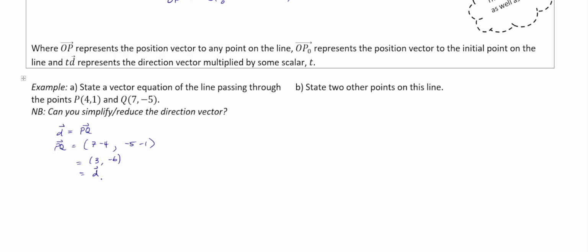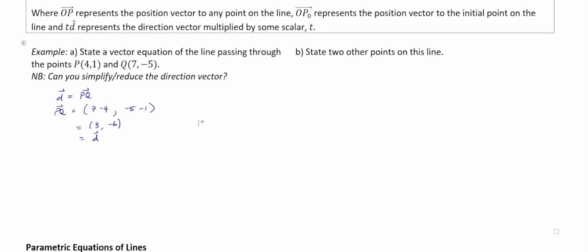So now that I have the direction vector and I have a point on the line, I can create my equation of line. So OP, so the origin to any point on the line, is a point, 4, 1, plus t times the direction vector, which is 3, negative 6. So this works as a vector equation of the line.